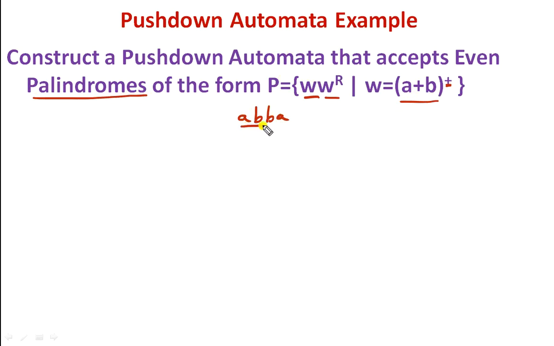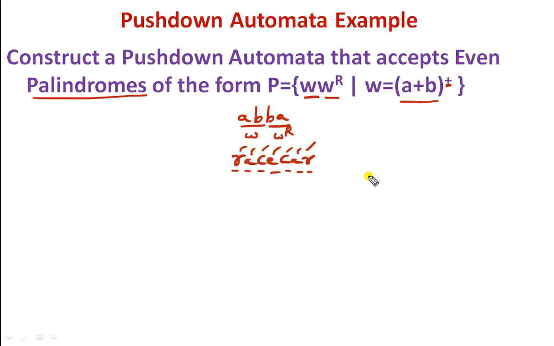So here if you consider AB as W and BA is the reverse of W, we can say that it is W power R. Similarly, if you consider a string such as racecar, then you may see that RACECAR in the reverse order is RACECAR.